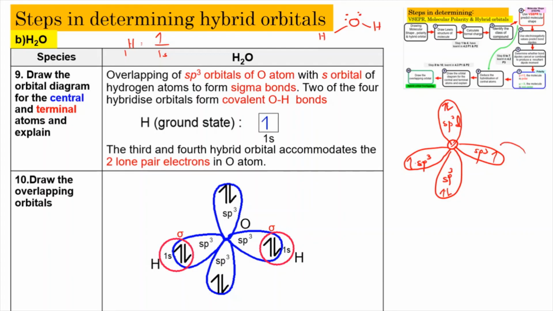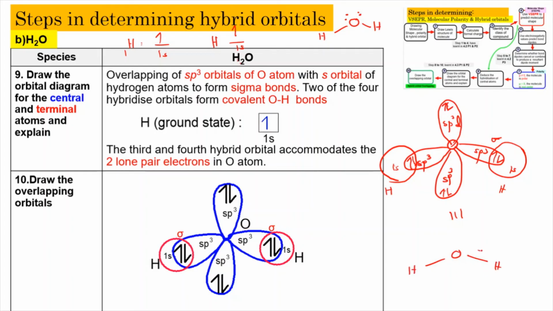So hydrogen 1s orbital provides 1 electron to make a sigma bond. And since we have 2 hydrogens, we can draw another one overlapping on the other side here. So 1s hydrogen here.